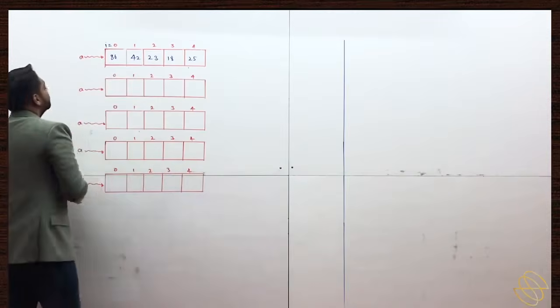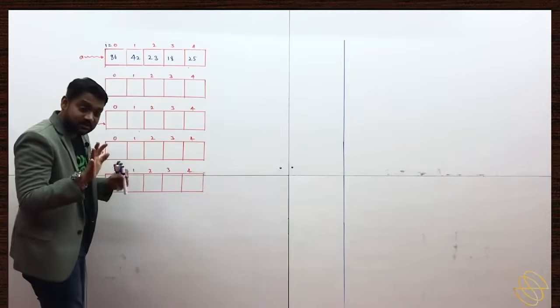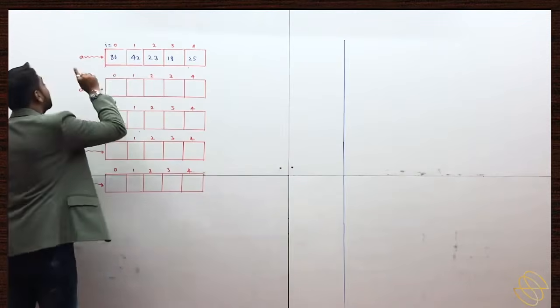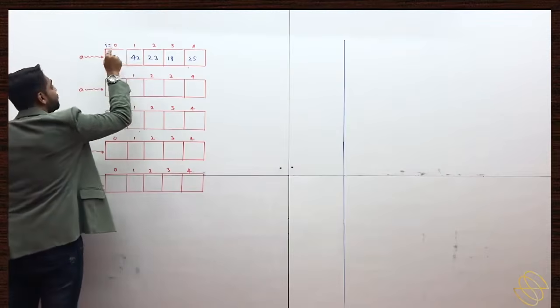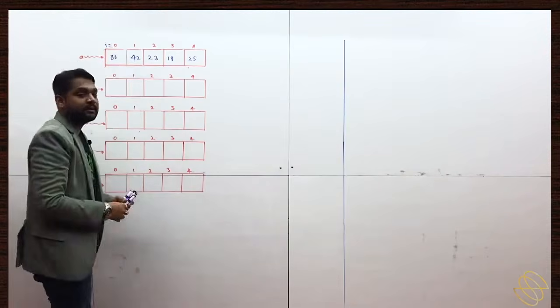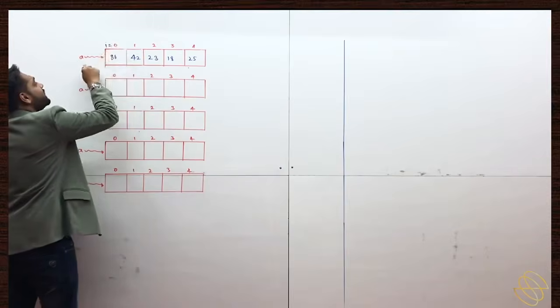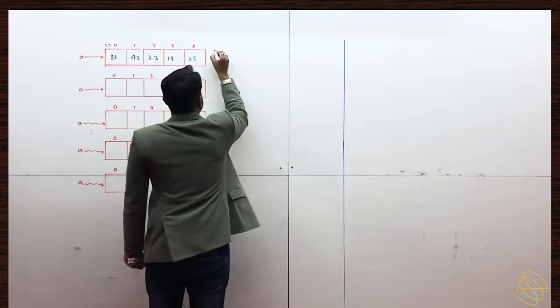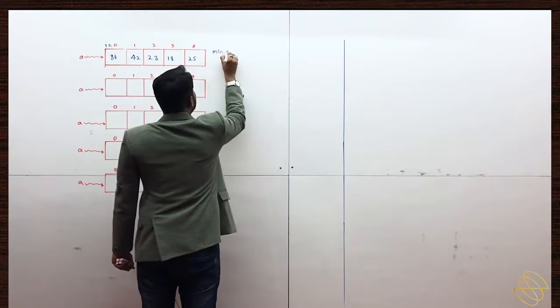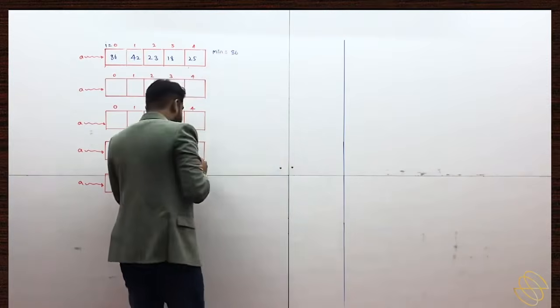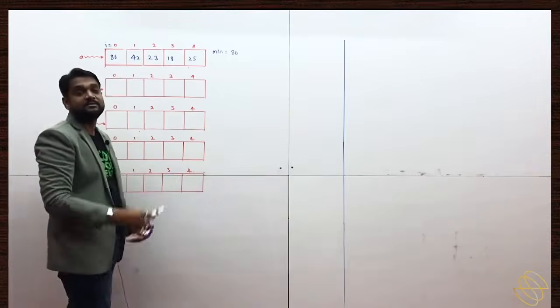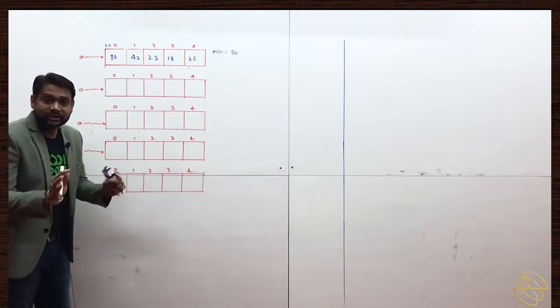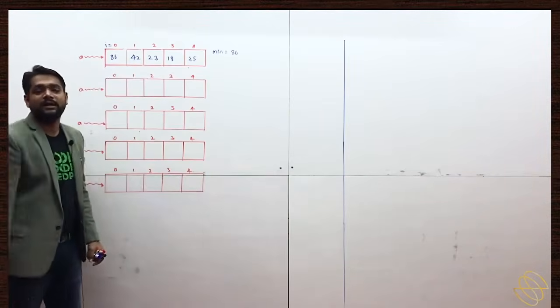Assumption is what you have to make. i is 0. What is array of 0? 86. We have to assume that 86 itself is the minimum element. Actually that is not, but assume is what they are telling.